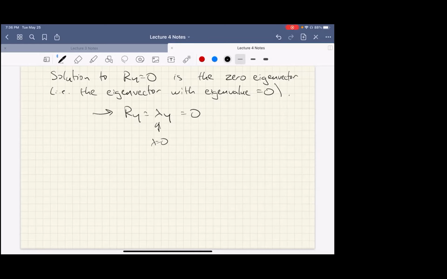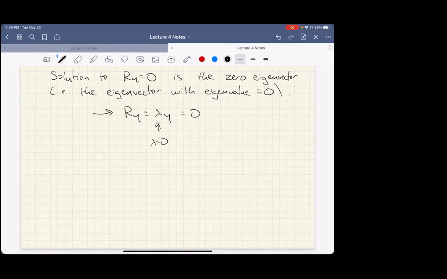This implies, by the way, that the rate matrix R is degenerate. That's always true because the constraint that all the columns sum to zero forces R to be degenerate. So there does exist a zero eigenvector, and you can always find it.